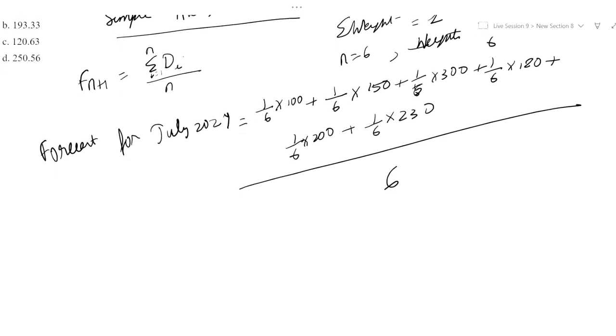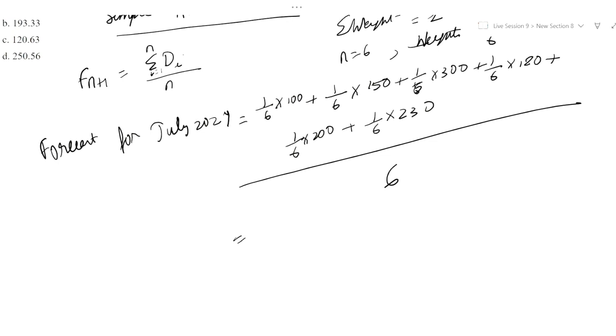This becomes 1160 by 6, which is equal to 193.33.